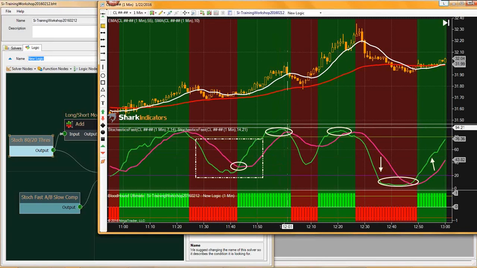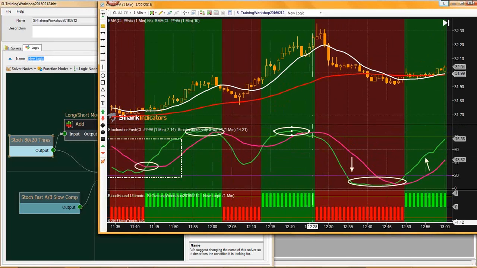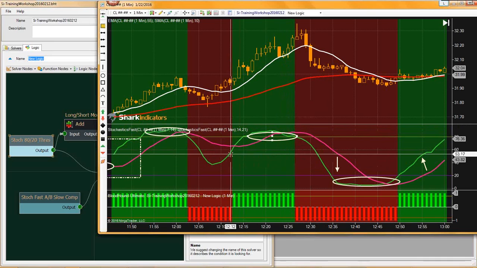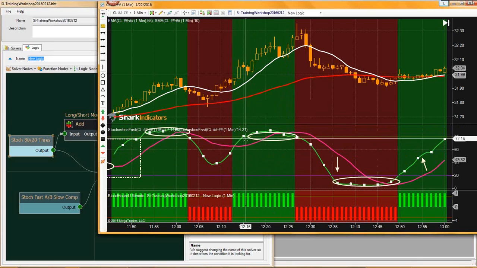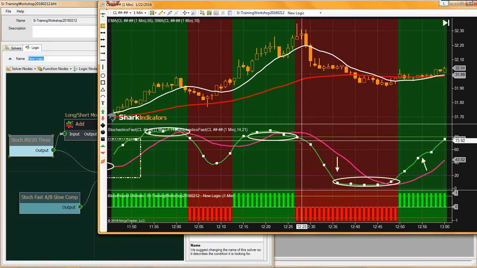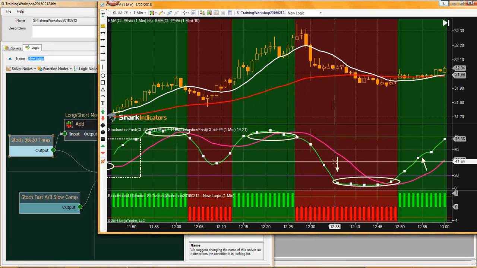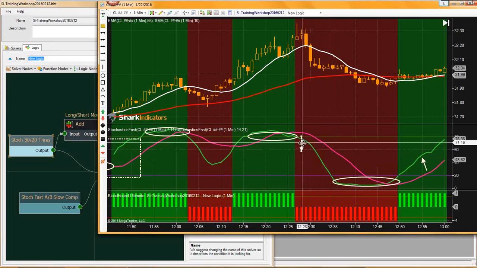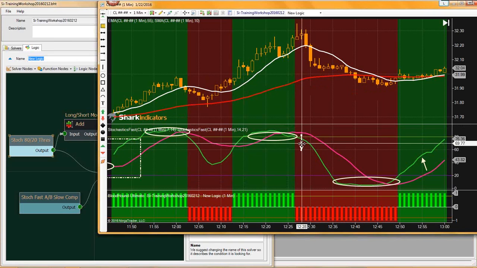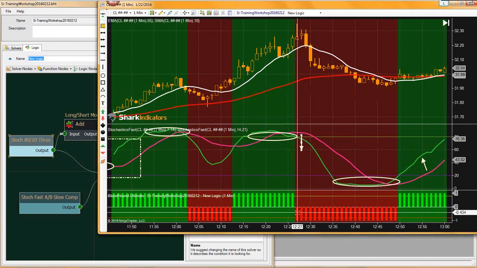Let's take a look at this. Here's a good example. As soon as the green stochastics leaves the overbought area, condition B takes over right here, and the short output begins.